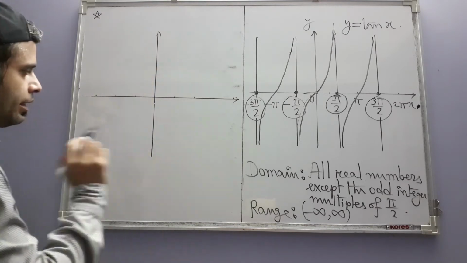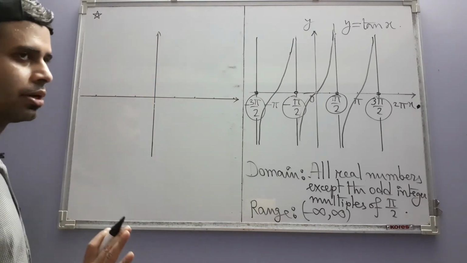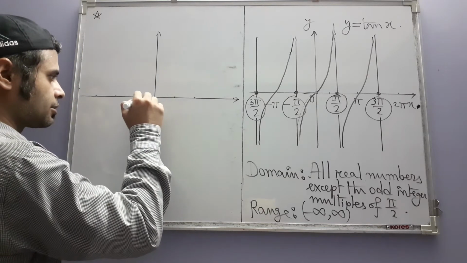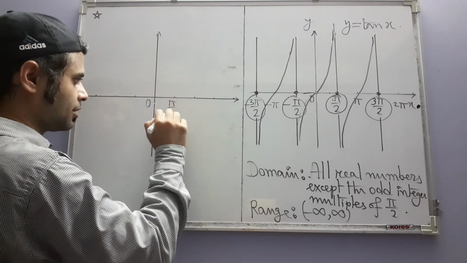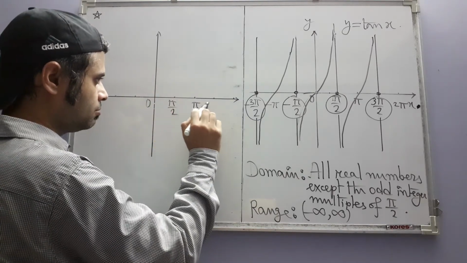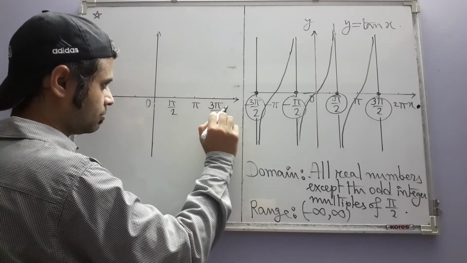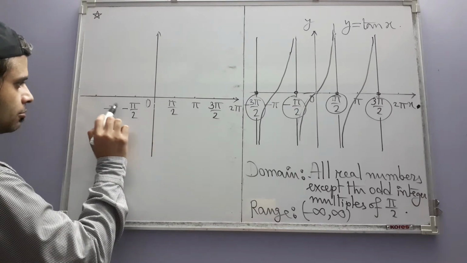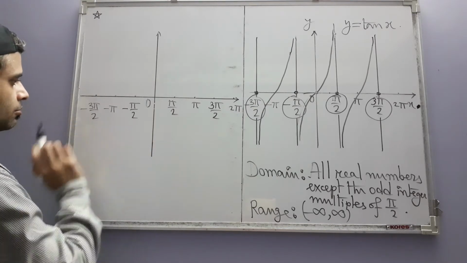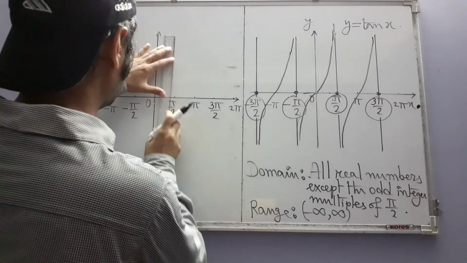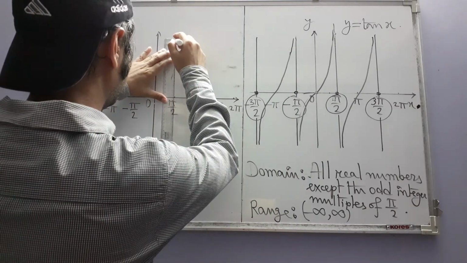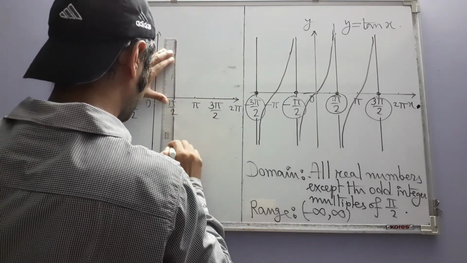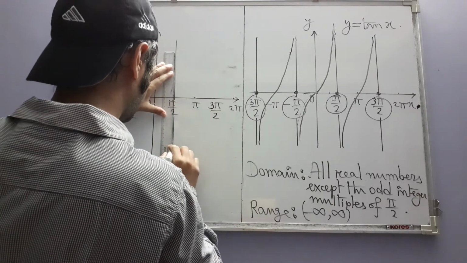And just like the tangent function, the secant function also is not bounded. Okay, so our points are 0, pi divided by 2, pi, 3 pi divided by 2, 2 pi, and so on this side. And we draw those corresponding lines which have to be avoided by the graph.